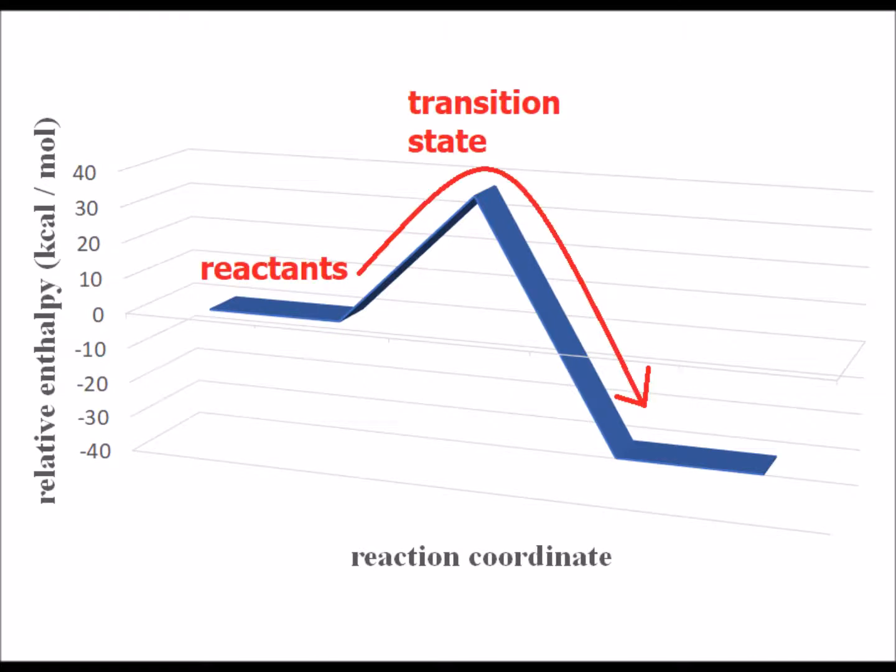On the path from reactants to products, there will be a molecular configuration of highest energy, which we call the transition state. The relative height in energy of the transition state above the reactants determines how quickly the reaction proceeds.